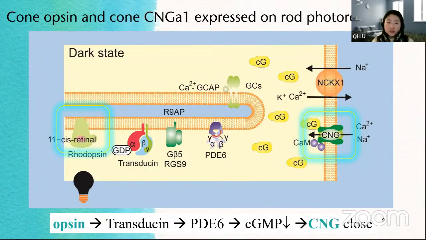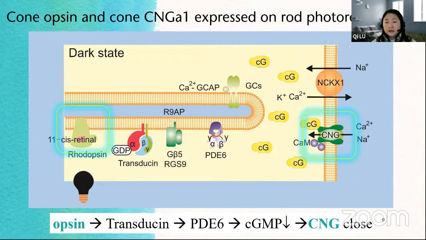So for the target genes they're trying to activate, they're choosing the first one and the last one in the light signal cascade. The first one is the opsin, and the last one is the CNG channel.